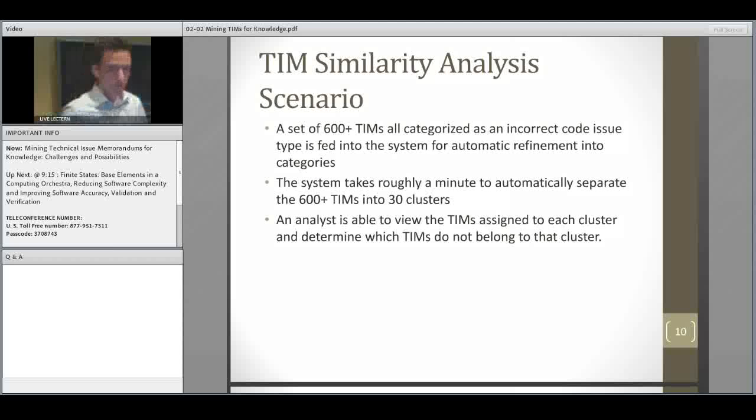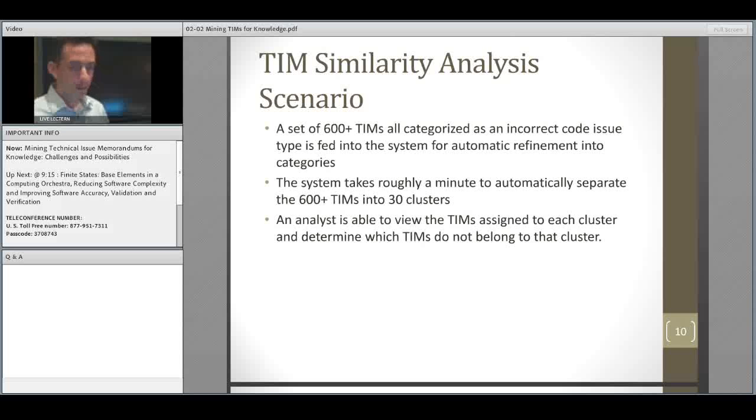So one scenario I wanted to kind of walk through here for using a solution such as this would be taking a collection of TIMs that are similar from the type of issue.